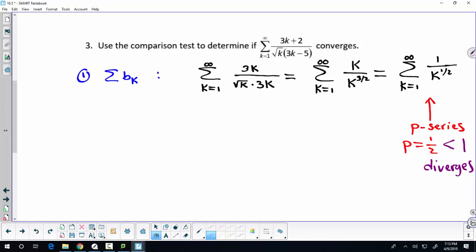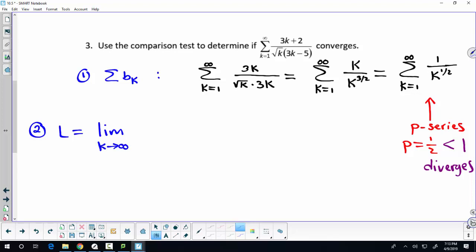All right, so the known series we're comparing to is a divergent series. Then we're going to compute L as the limit as k approaches infinity.